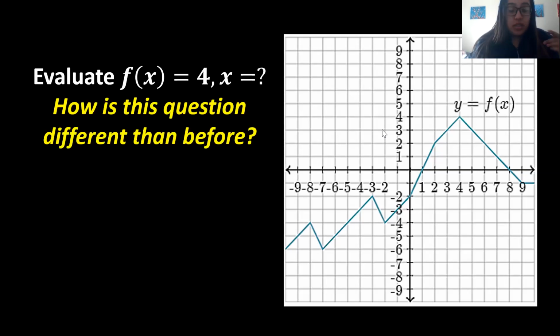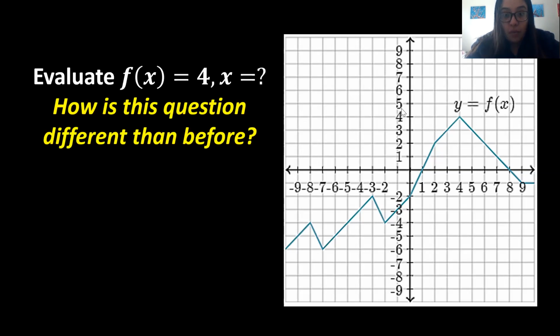So this question is a little bit harder because instead of looking at the X axis, we need to start by looking at the Y values. So here is Y equals 4. You should see my mouse on Y equals 4. And now we need to look left and right. Are there any points where Y is 4? If I look to the left, there's no points here. But if I look to the right, there is a point, the point right here.